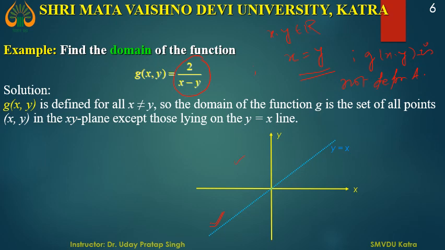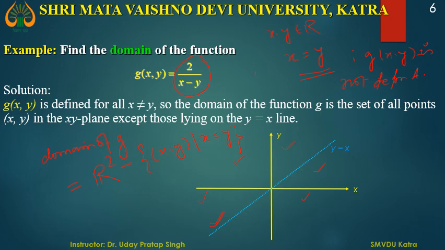Then all the points except those on this line are the domain of g, which means the domain of g is equal to R2 minus the set of (x, y) such that x equal to y. This is the domain of the function, the whole R2 except all the points lying on this straight line.